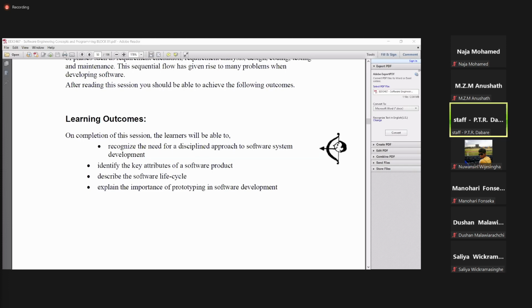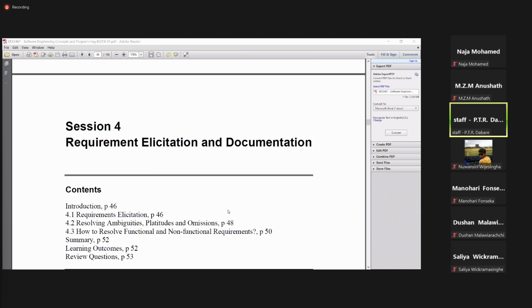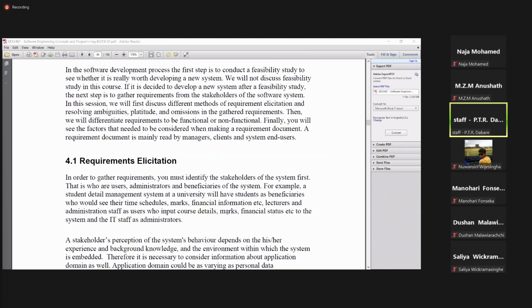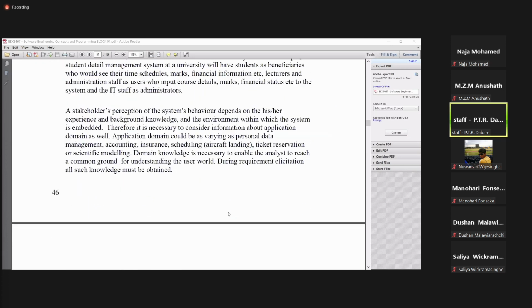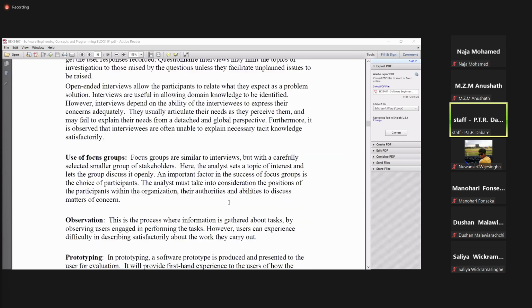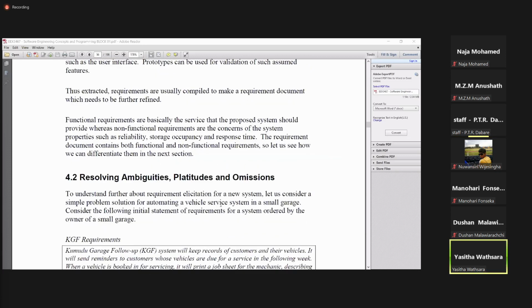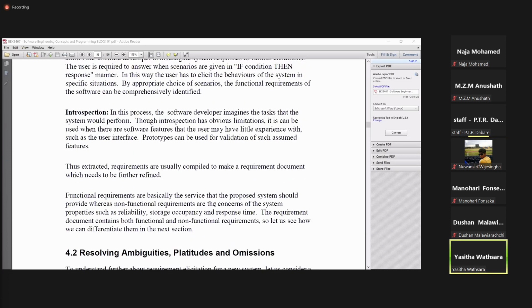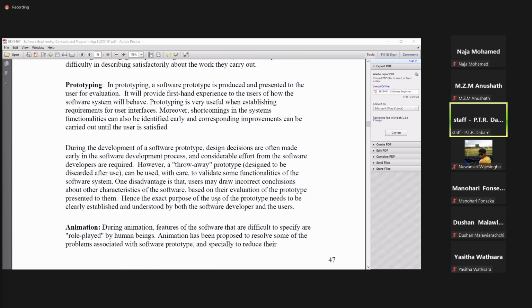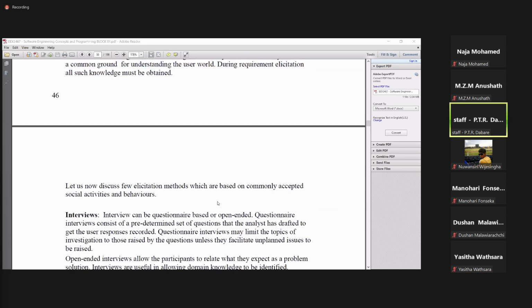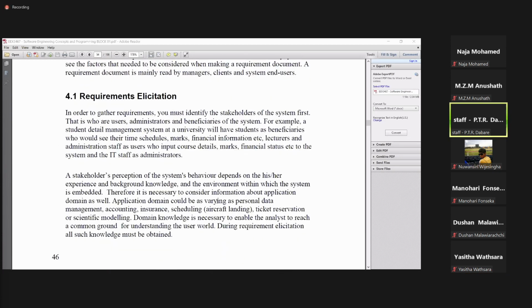Okay, right. Then requirements elicitation and documentation, you need to read after that. After reading session 3, you have to read session 4. Now we'll go for the requirements elicitation.